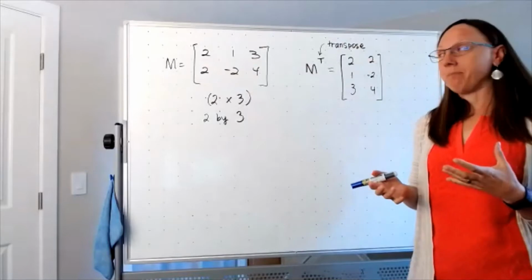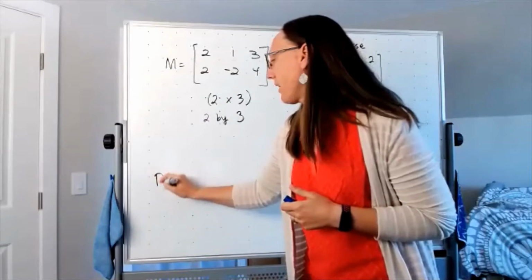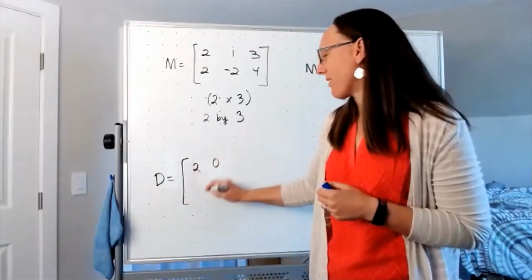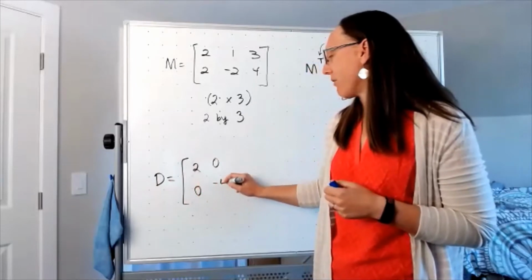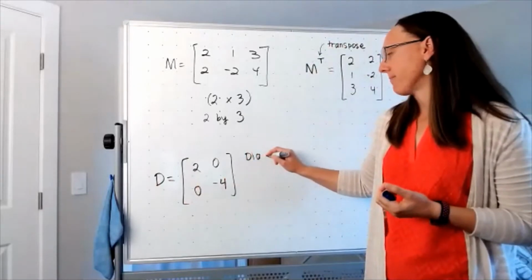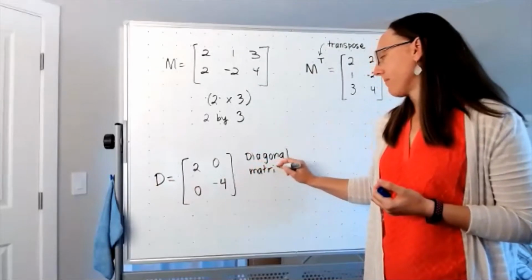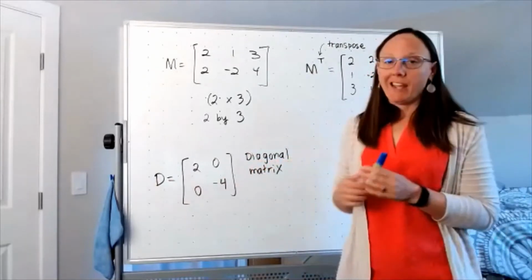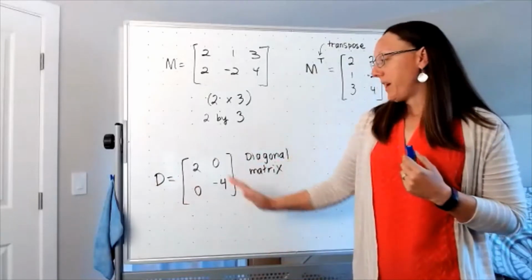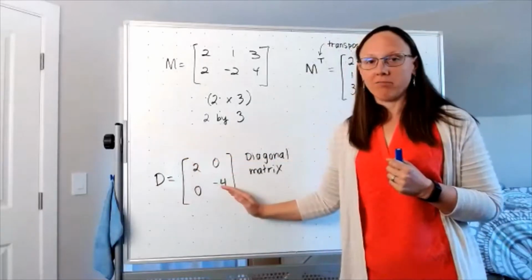Other matrix vocabulary includes things like, if I had a matrix that looked like 2, 0, 0, -4, we would call this a diagonal matrix. It's a diagonal matrix anytime we have, so we typically call this the primary diagonal.